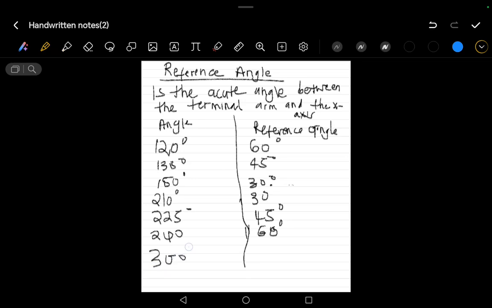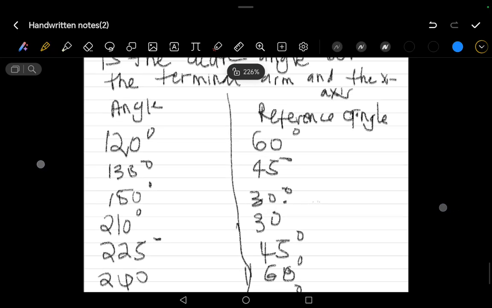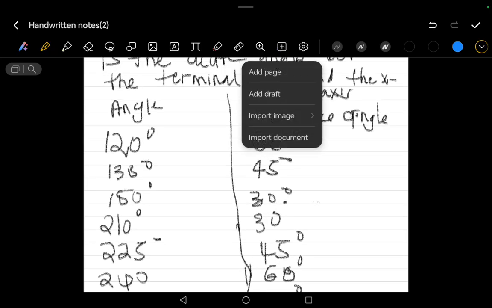Remember, we said we're going to go from 120 to 330. 300 is also going to be 60, 315 is going to be 45, and the last one, 330, is going to be 30 degrees, like this. Okay, and then let's move forward and do some examples.